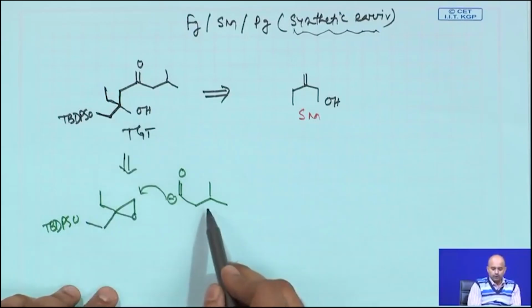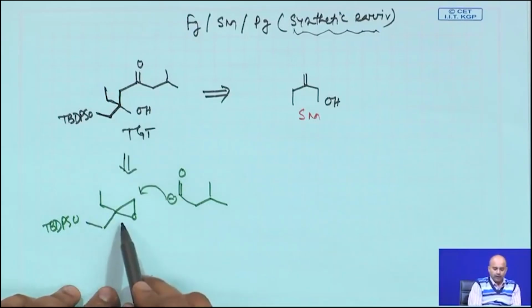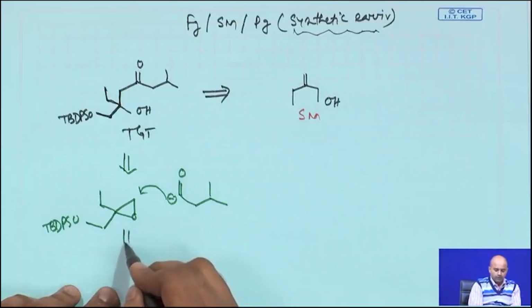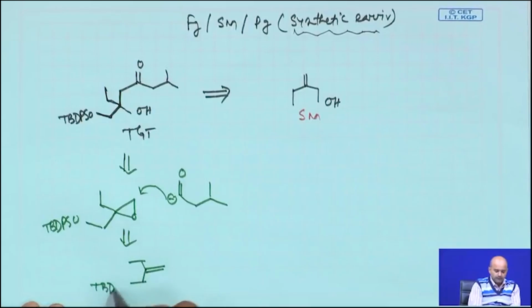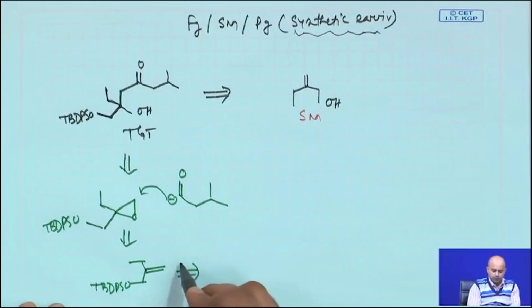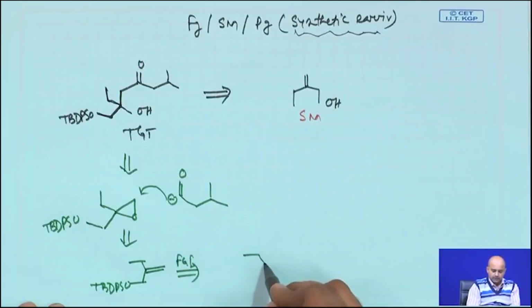So, now your job is how you can access this anion and how you can make this epoxide from the starting material. This part we will be doing first. This looks absolutely similar: if you have this compound with this TBDPS O, you can easily do an mCPBA based epoxidation, which just needs an FGI through standard protection of this primary alcohol.